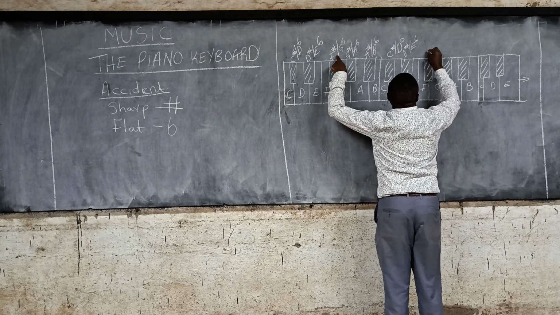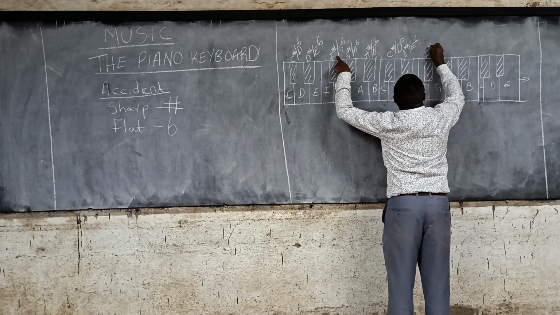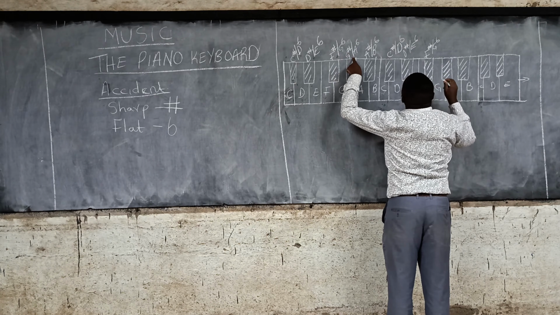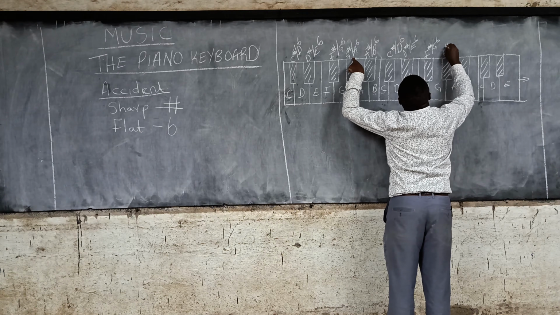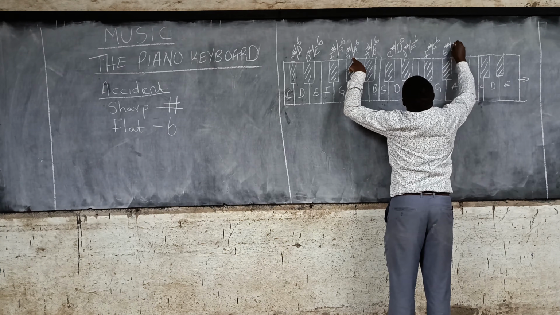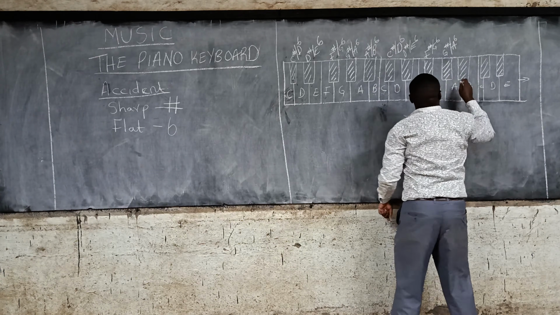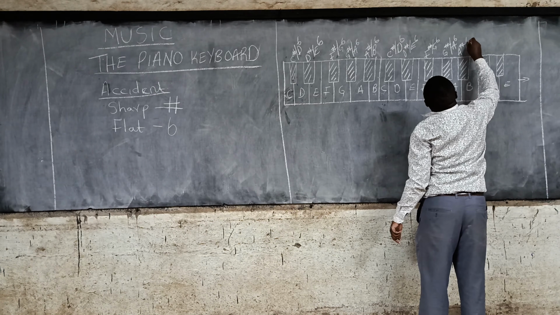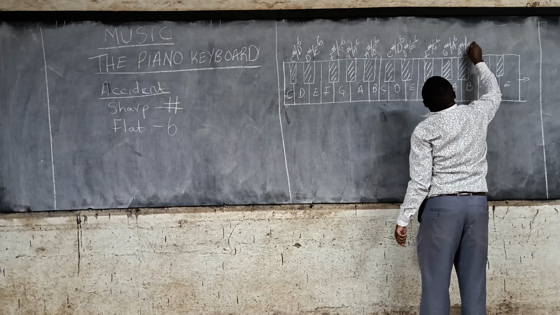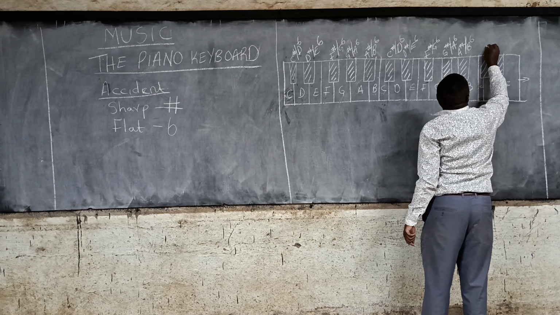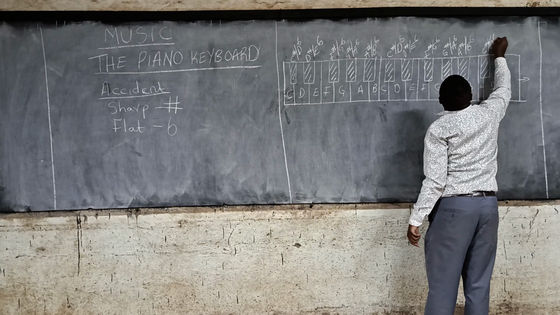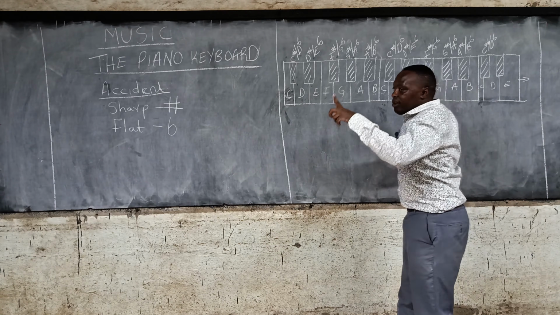This will be F sharp or G flat. This will be G sharp or A flat. This will be A sharp or B flat. Then we'll move on repeating time and again.